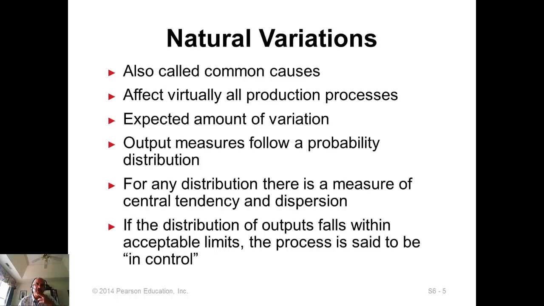If the distribution of output falls within the acceptable limits, then the process is said to be in control. This phrase has a very particular technical meaning: if the production process contains only natural variations, variations attributable to common causes, then it is said to be in control. If assignable causes are present, then the production process is not in control.